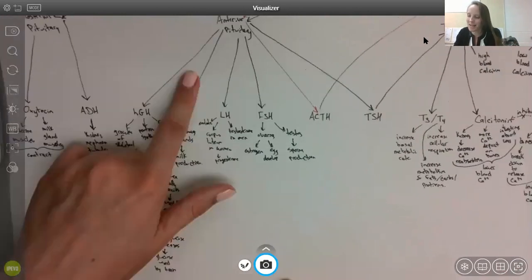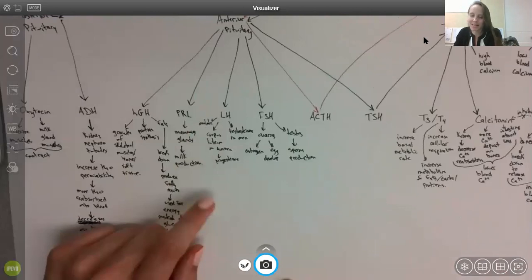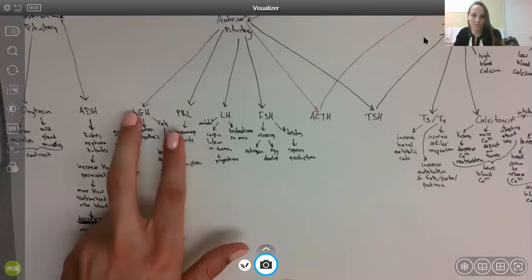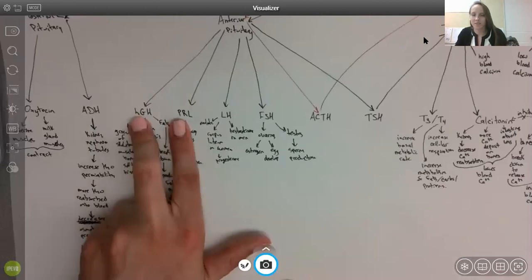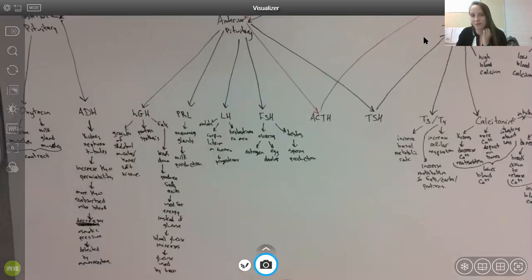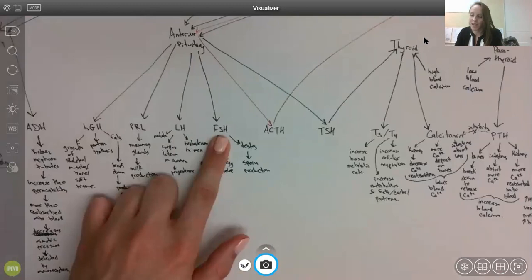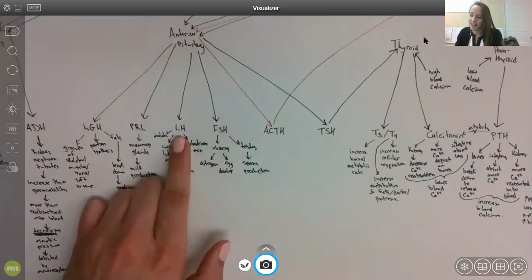We also have prolactin, which goes to the mammary glands and causes milk production. Just a reminder, these two hormones, HGH and prolactin, are the only two from the anterior pituitary that are not tropic.